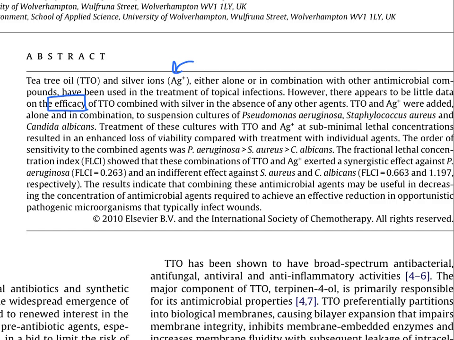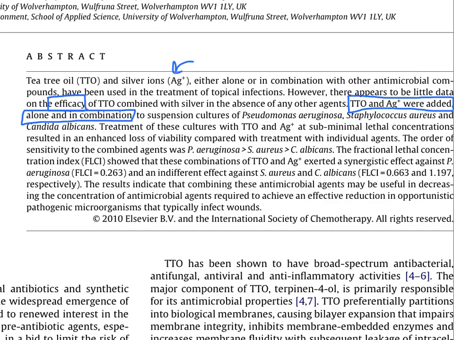What were my independent variables? So we had a bunch of different experimental conditions, right? We did tea tree oil, we did silver, we did tea tree oil and silver. So those are our 3 variables.